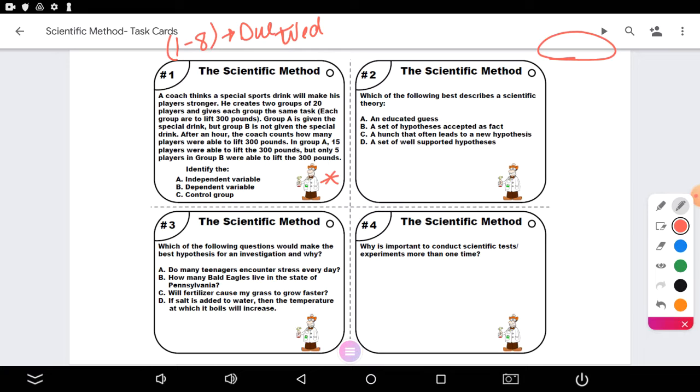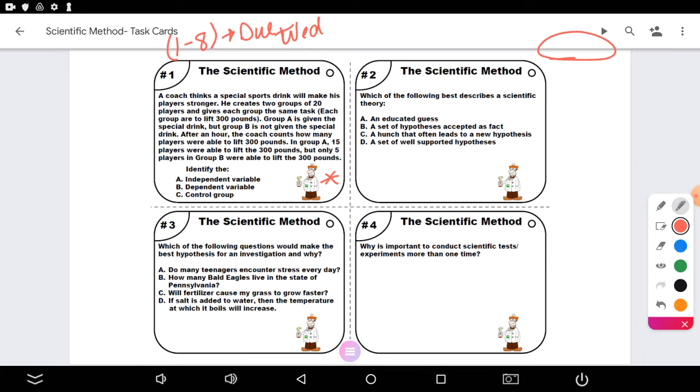It says, a coach thinks a special sports drink will make his players stronger. He creates 2 groups of 20 players and gives each group the same task. Each group are to lift 300 pounds. Group A is given the special drink. Group B is not given the special drink.